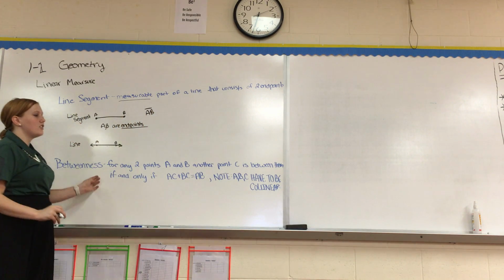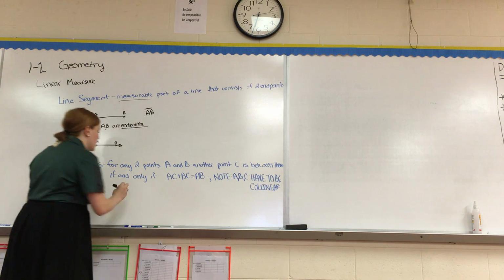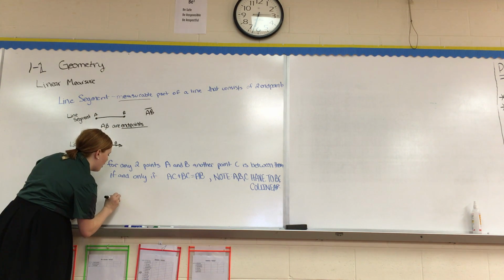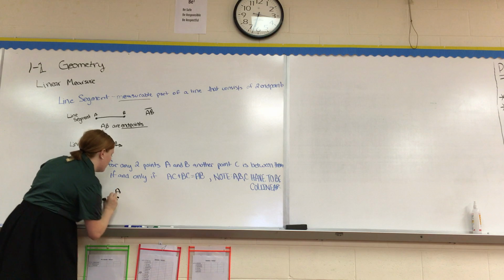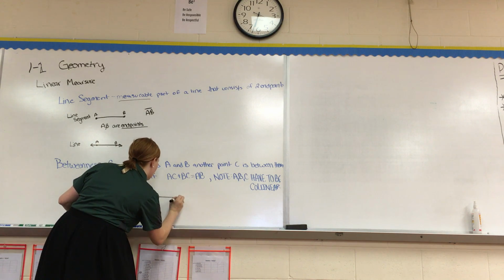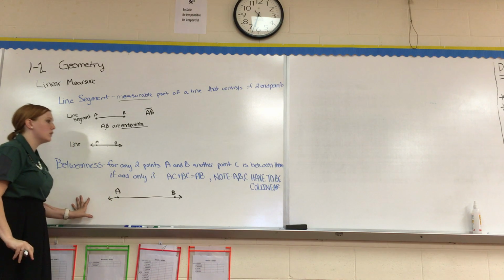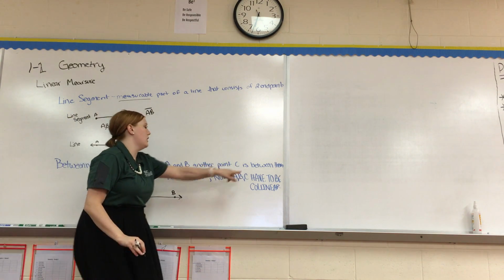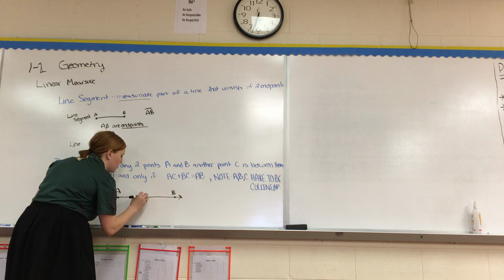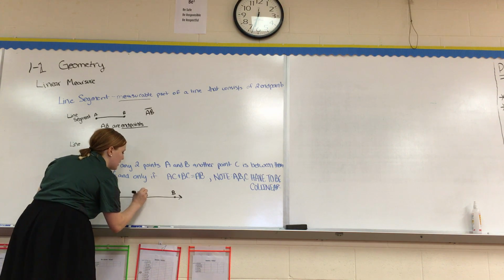I know that this definition seems really confusing. So imagine we have a line with point A, and here's point B. Point C is between them, so we're going to just put point C in here.